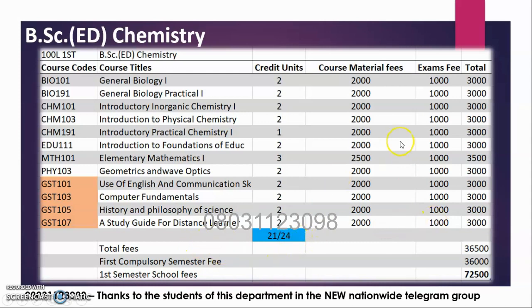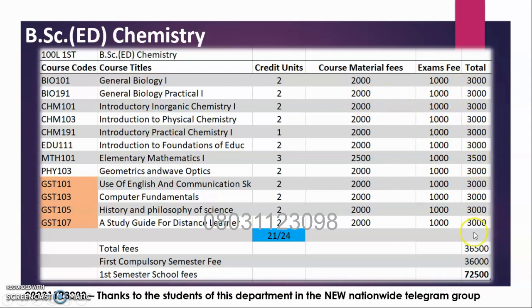Then if you sum this up, this is how we did it. These fees you are paying for registration fees are actually for the textbooks. That's why I entitled it course materials. That's the course material fee or textbook fees. So if you sum this up, 2,000 plus 1,000 is 3,000.